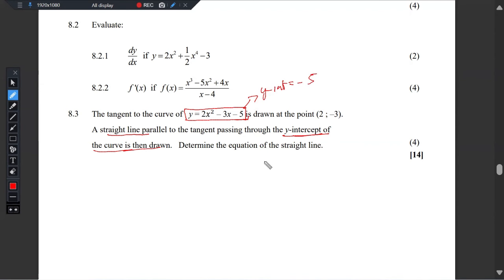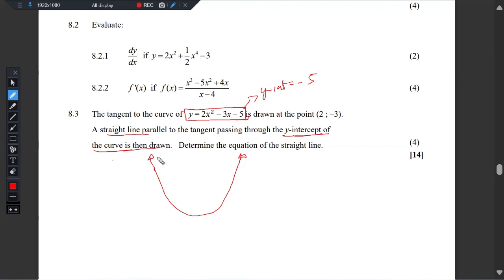So we know that the constant represents the y-intercept. Now, let's try to have a sketch just to understand what is really going on here. As we can see, it's a parabola. So it needs to be concave up.